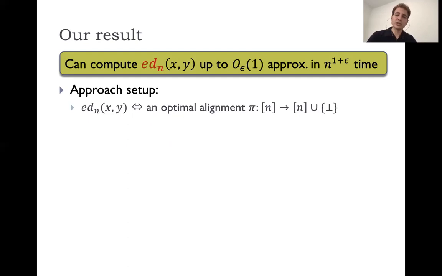And what is the approach? First of all, one can think of the edit distance between two strings as an alignment, a monotone function between a set of n to another set of n, such that the alignment matches between characters of x and y.